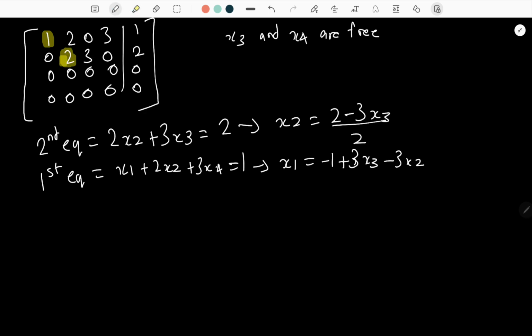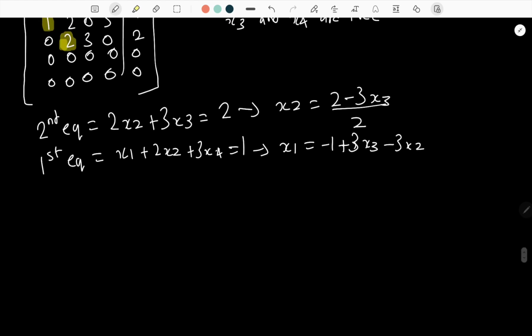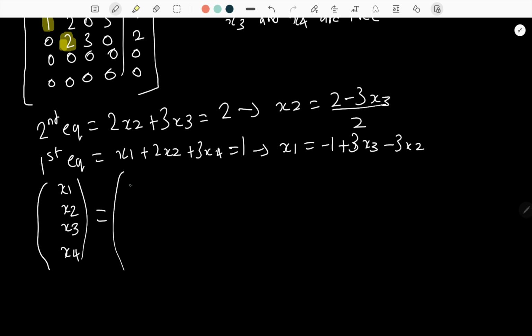So after writing the equations in terms of x1 and x2, you get this. This is just simple rearranging, and now we can write the final answer, which will be x1, x2, x3 and x4 is equal to, so x1 is equal to this, so just write that, 3x3 minus 3x2.